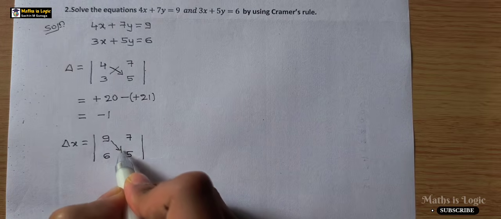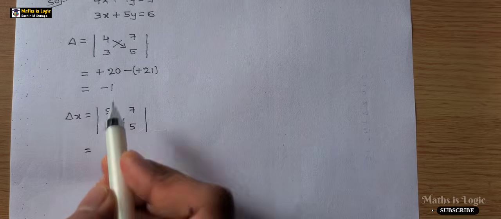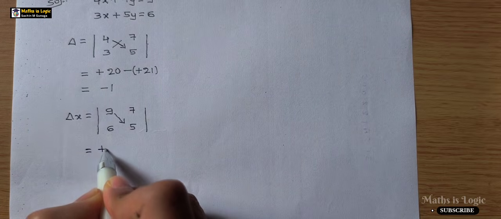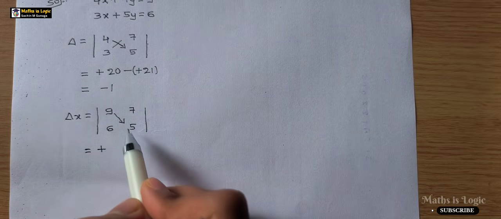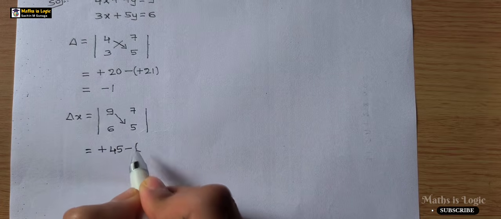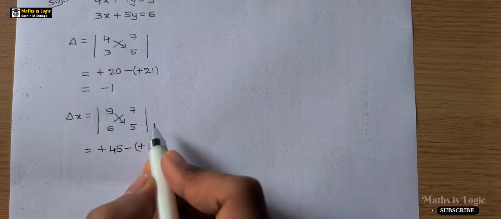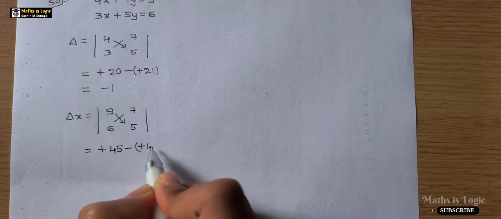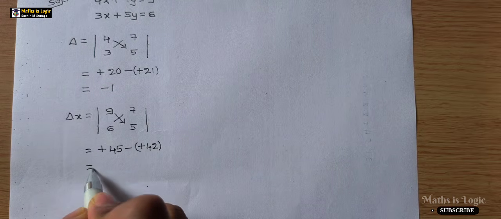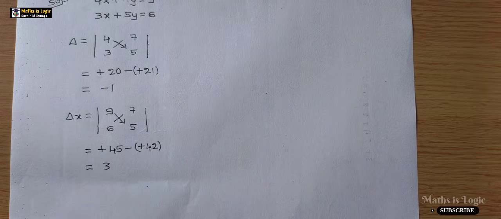Again cross multiplication. So which is equals to plus into plus, again plus 9 into 5, 45, middle minus sign, again these two, plus into plus, plus 6 into 7, 42. So again if you do it in the calculator, so final answer is 3.